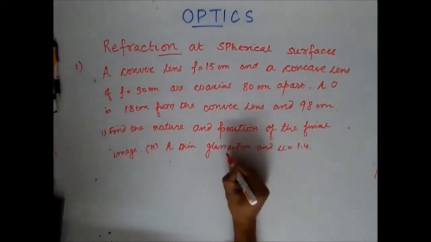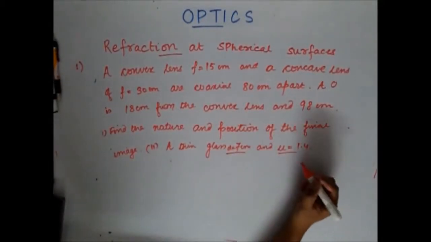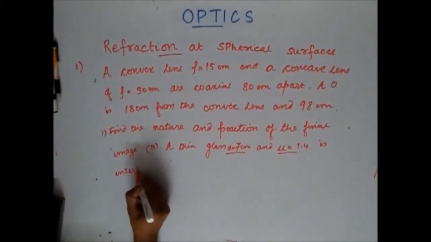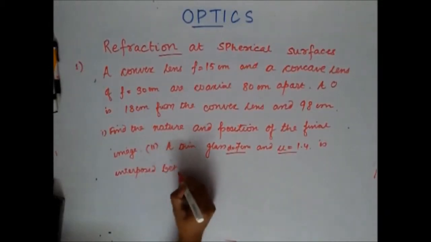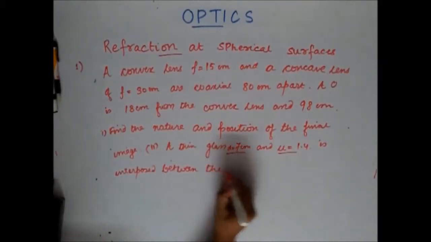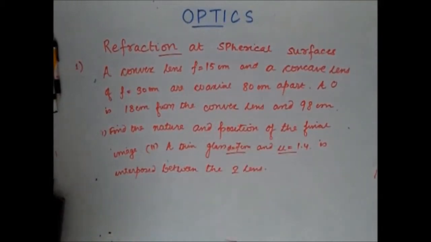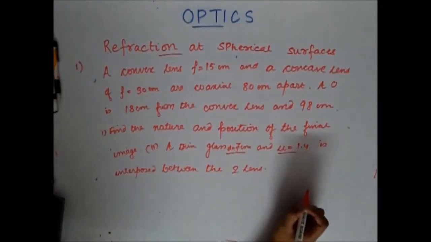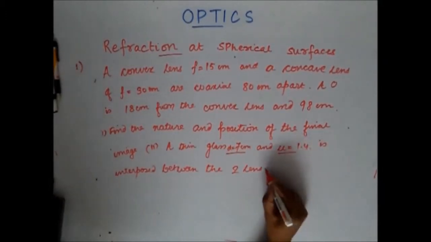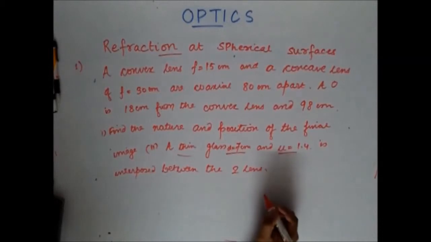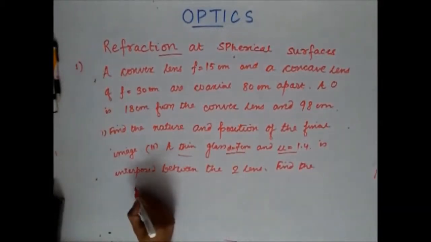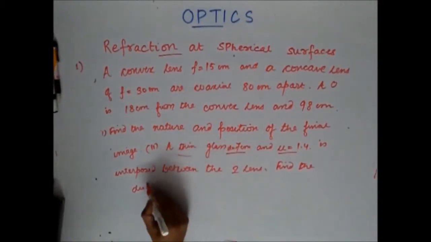So a thin glass slab with d equal to 7 centimeter and mu equal to 1.4 is interposed between the two lenses. Now it asks to find the displacement of the final image in the direction of the image because of the insertion of this thin glass slab. So the second part of the question is, find the displacement of the image because of this insertion of the thin glass slab.